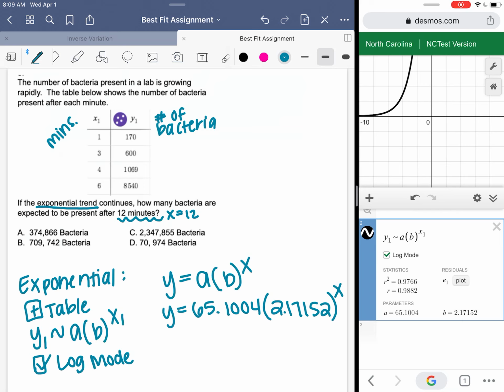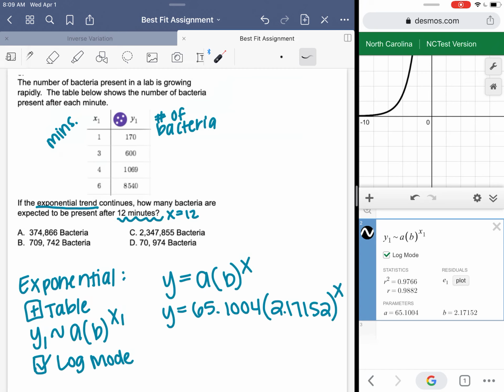And then we want to know if this is the exponential trend. That means we started with about 65, and then we're multiplying 65 by 2.17152. So it's this number times this number, and then we keep repeating multiplication by this number over and over again.